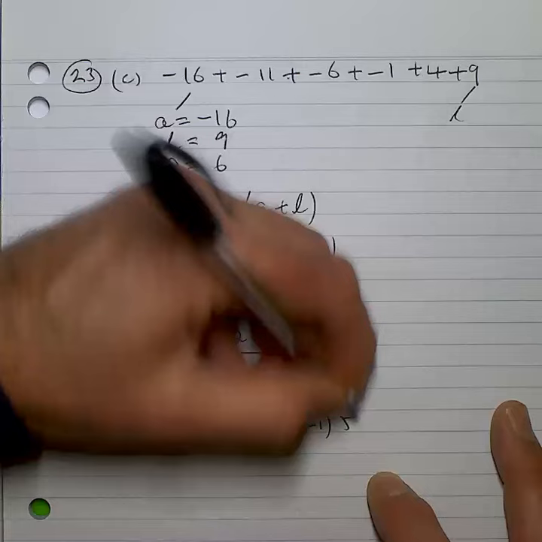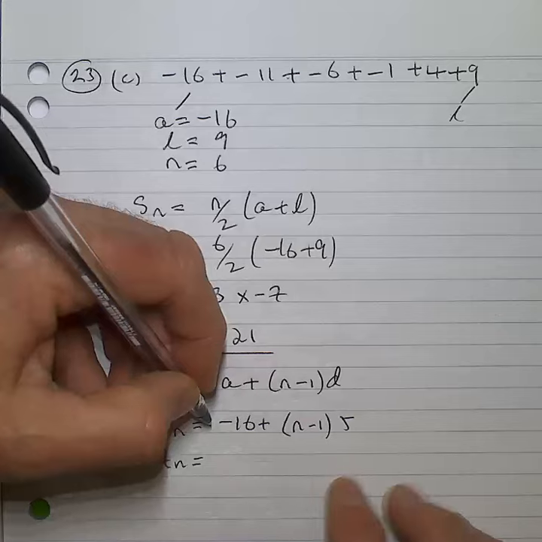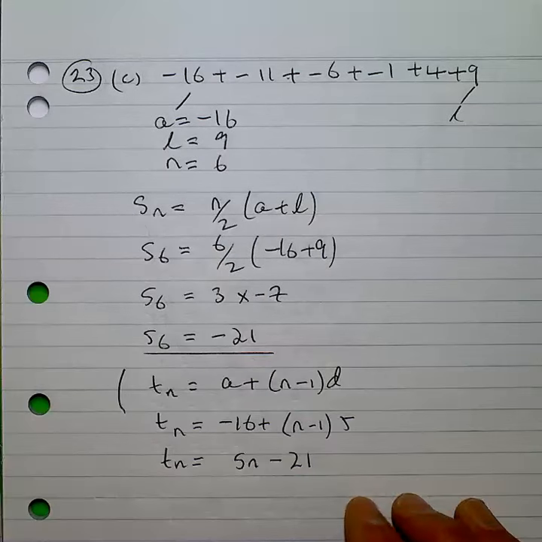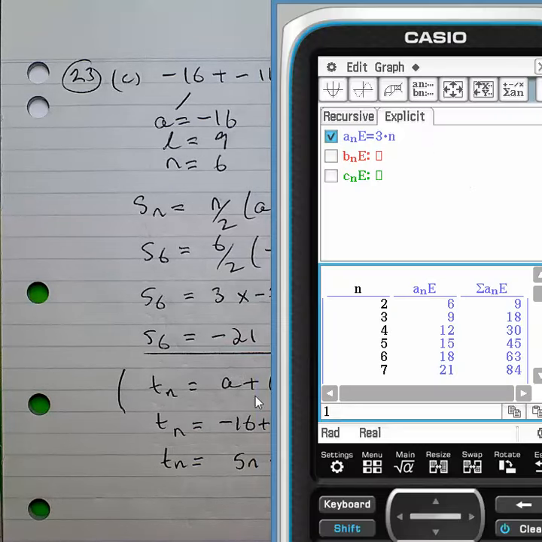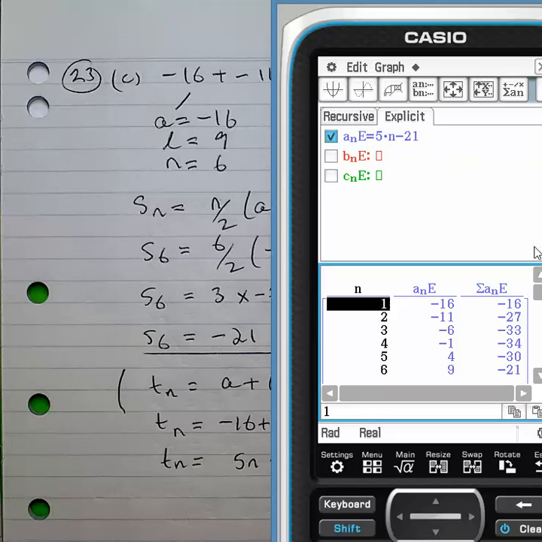And that's positive 5n minus 21, and I could enter that onto my calculator and generate the terms as I showed you earlier. Tick the box, press the button, and you can see there the sum of 6 terms.